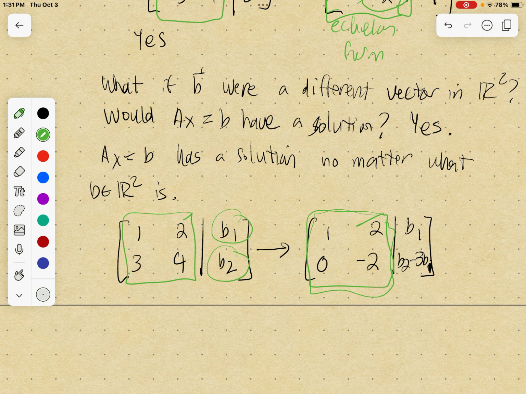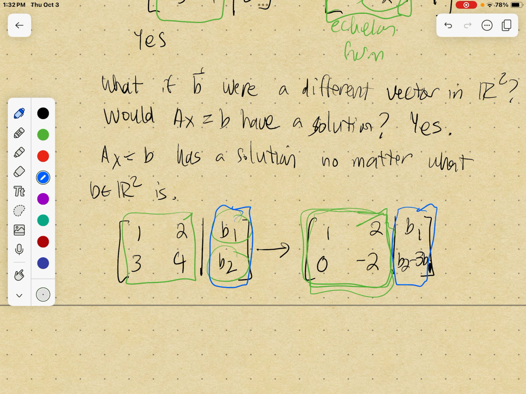You're not going to get the situation where you have a row of zeros in the coefficient part in this green matrix, right? You don't have a row of zeros, and so AX equals B is going to have a solution no matter what your B vector, no matter what your B1 and B2 are.